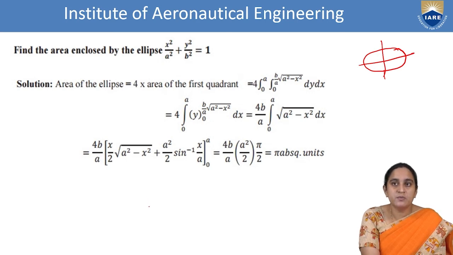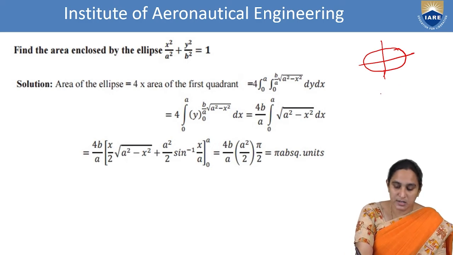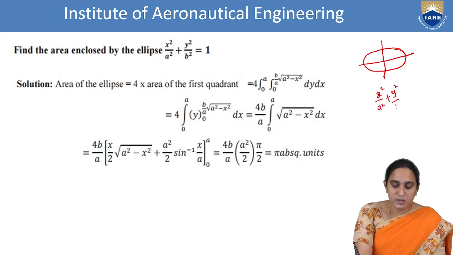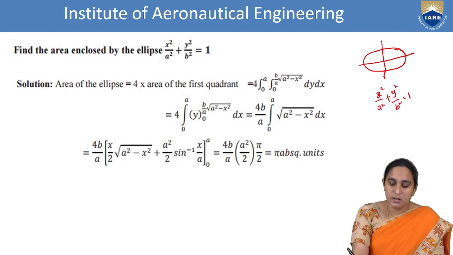What is the ellipse equation here? X square by a square plus y square by b square is equal to 1. From that, y square by b square is equal to 1 minus x square by a square.